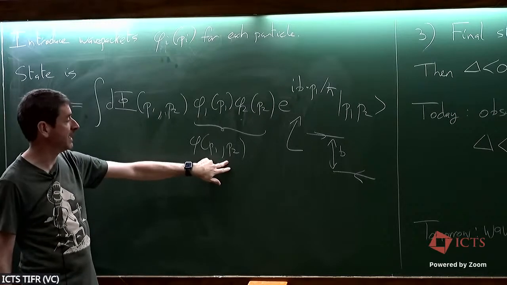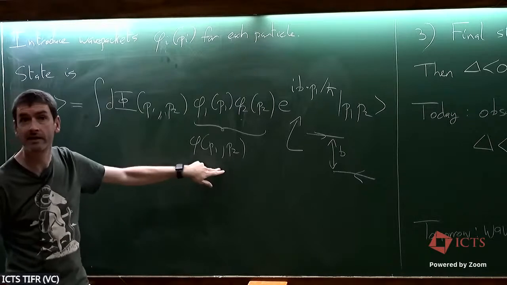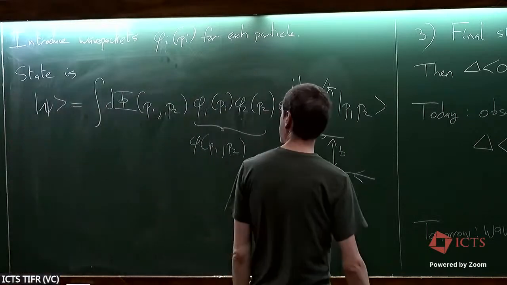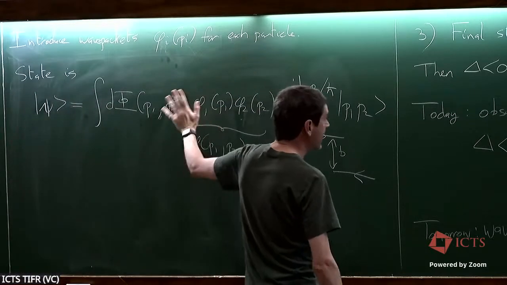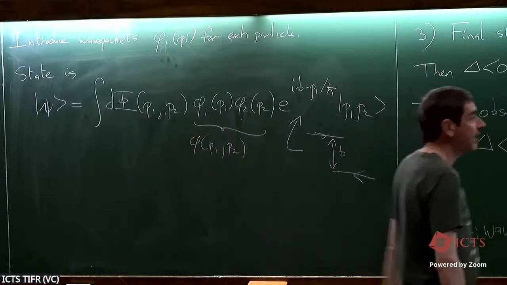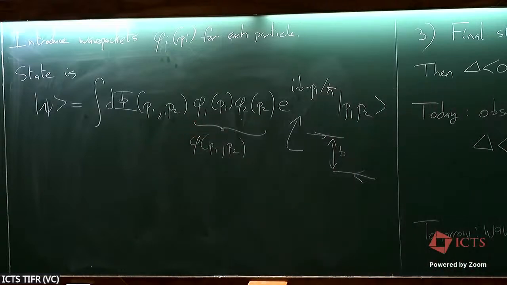Not a big deal, but for me it's a convenient shorthand notation. So that's the state. And now basically the job is to insert this expression, the state, into this formula for the impulse, take advantage of the inequalities that define the classical limit, and extract an expression that actually is valid in the classical approximation.